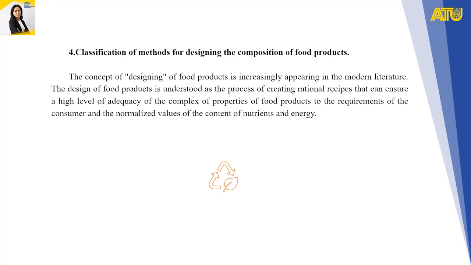One of the important tasks in designing a multi-component food system is to ensure the optimal set and correlation of prescription ingredients in the development of new types of functional food products.